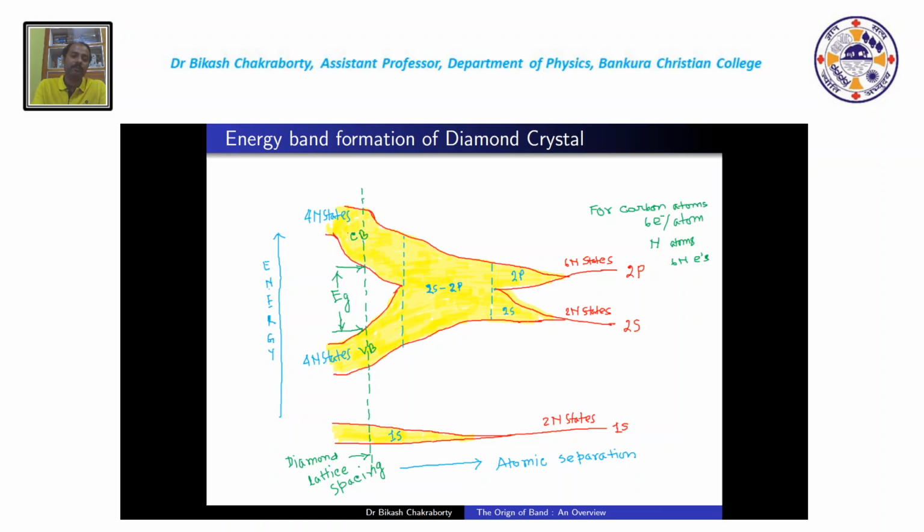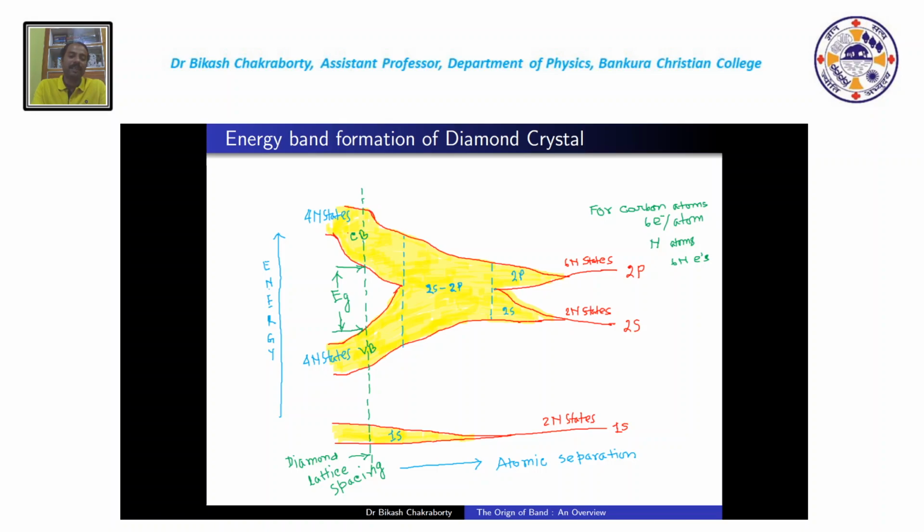Now, as we decrease further the separation between the carbon atoms, then they will form bands. The upper band is called conduction band, the lower band is called valence band.